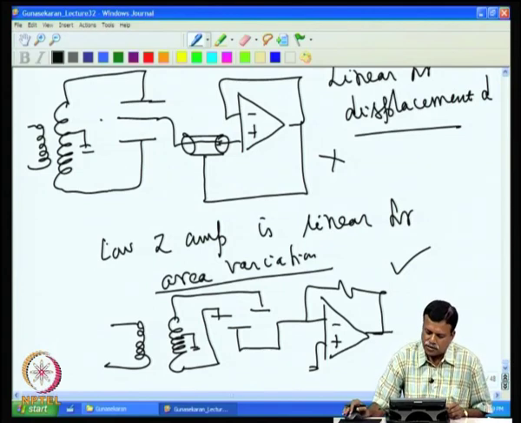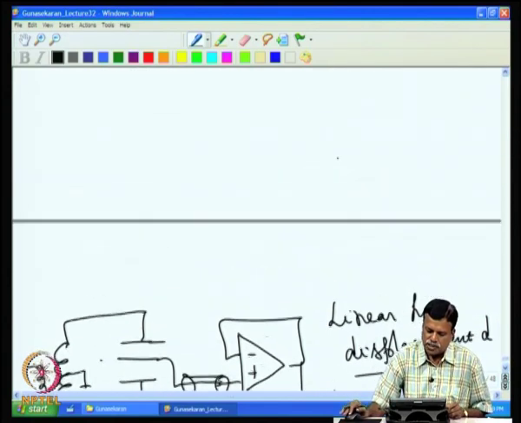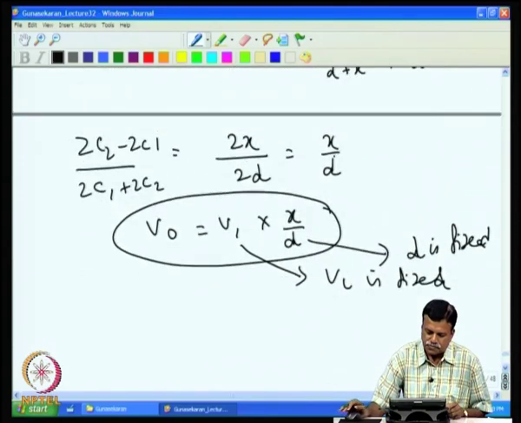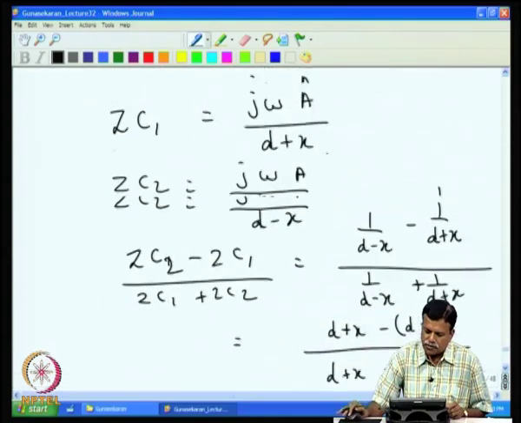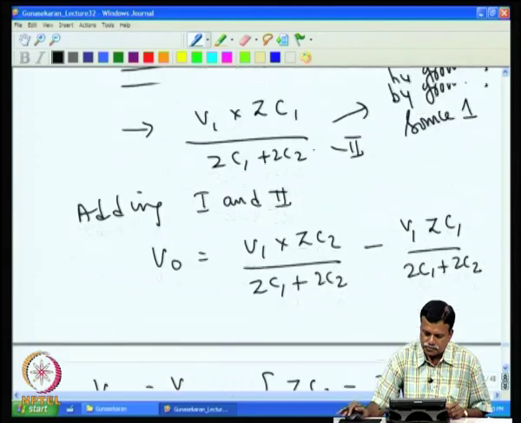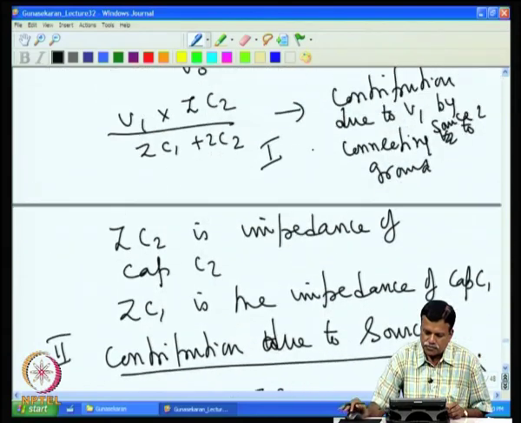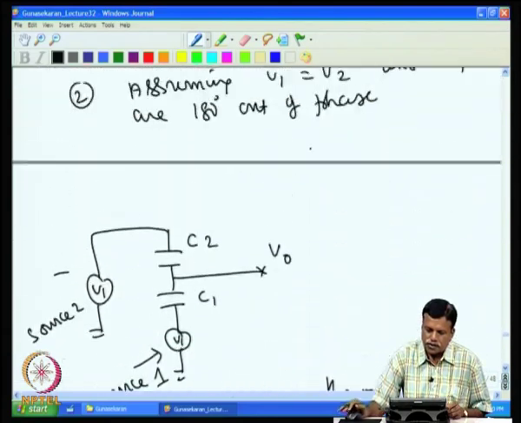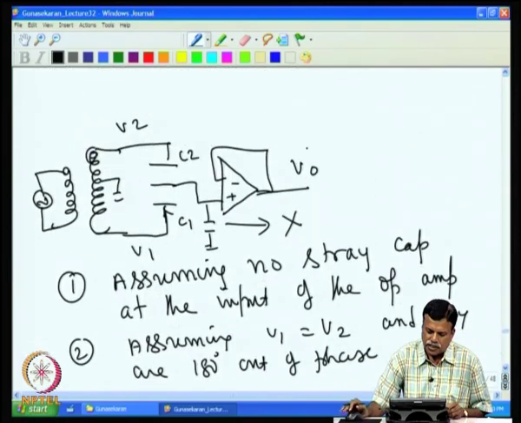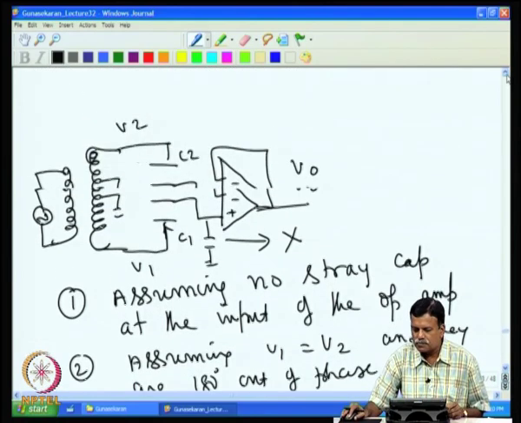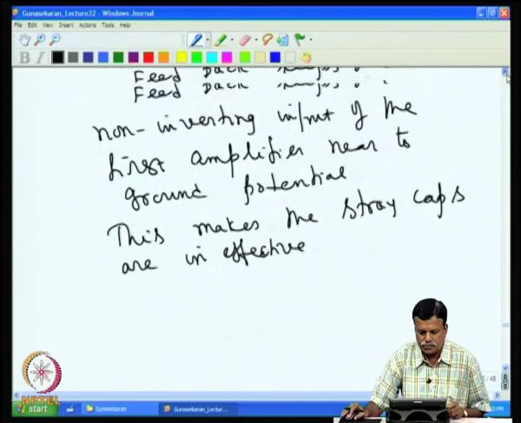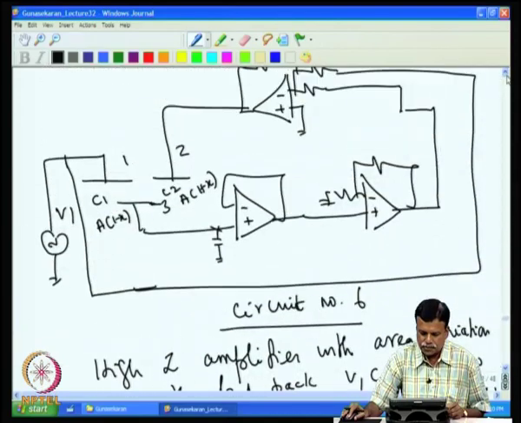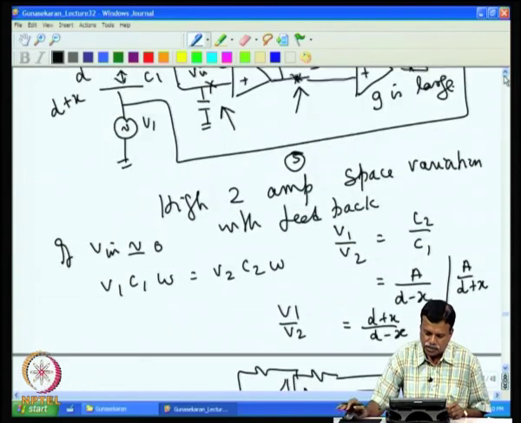Now, what is remaining is circuit number 6. What is the effect of circuit number 6? Sorry, circuit number 4. Circuit number 6 we already discussed.